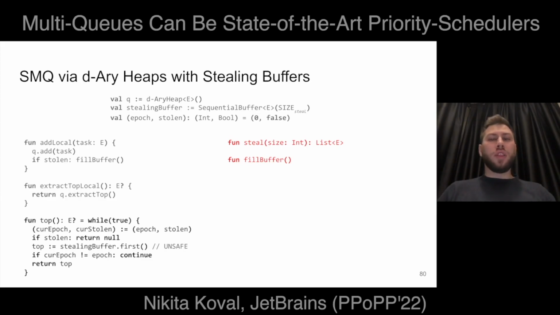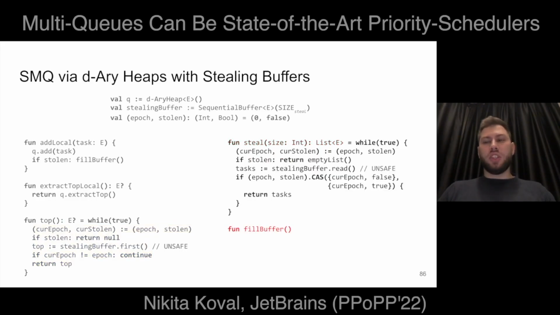So, if the tasks in the stealing buffer are already stolen, then we fail. However, if there are tasks that are eligible to steal, we read the first one, and this is the top element we return. Before that, we need to check whether the epoch is still the same. So we do this, and if the epoch has changed, we restart. If not, we successfully return the top element.